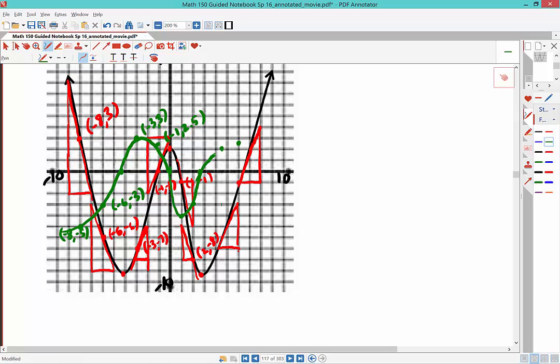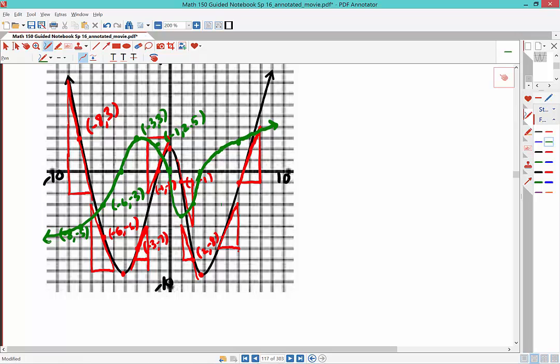And so it looks like it's going to also start leveling out a bit. And so it would look something like that. That's probably not perfect, but the derivative graph would look something like that.